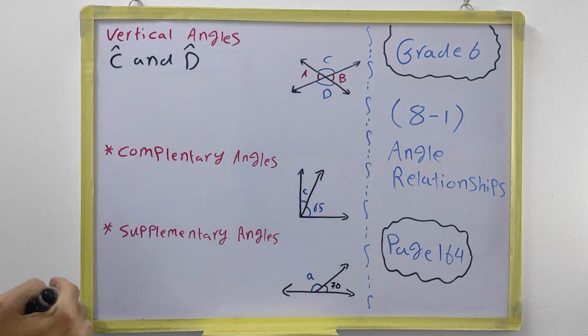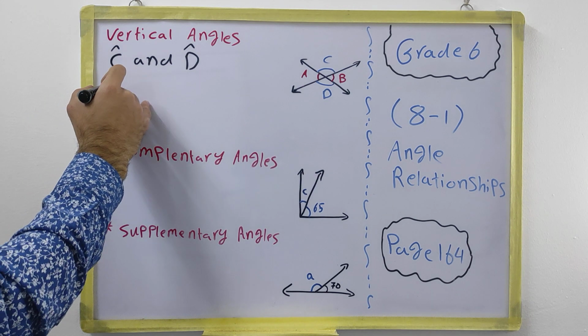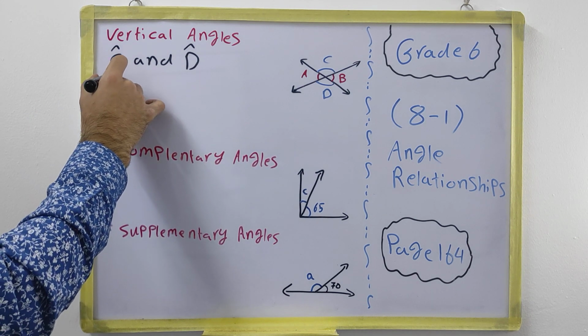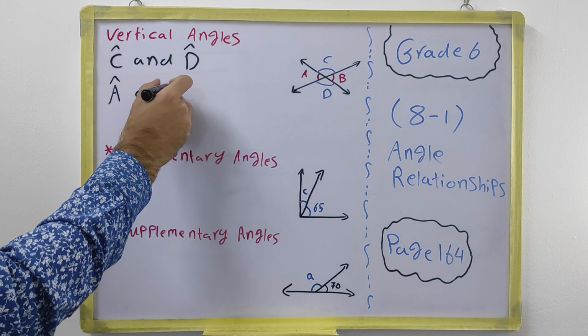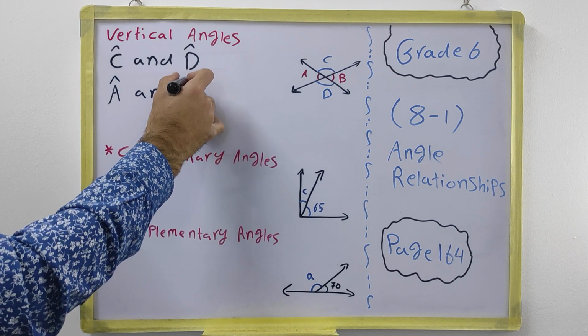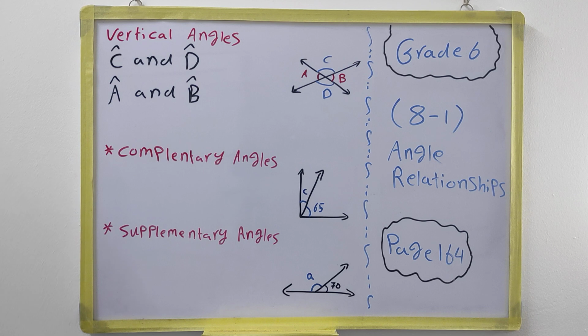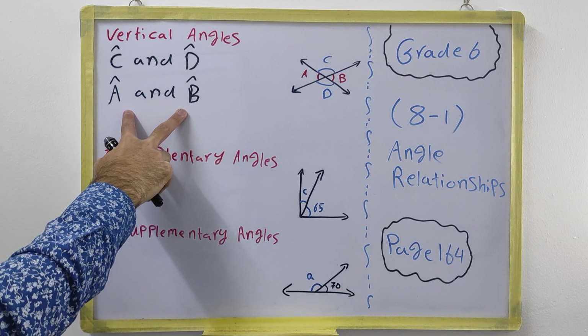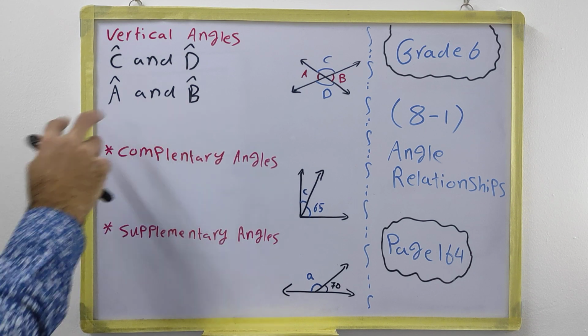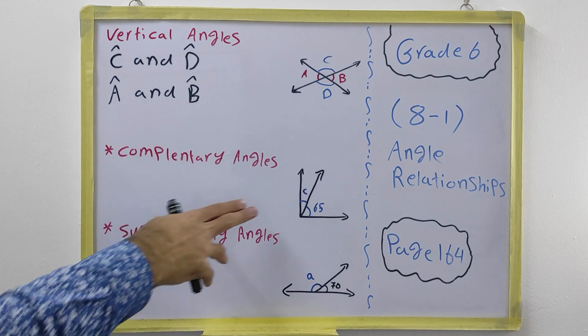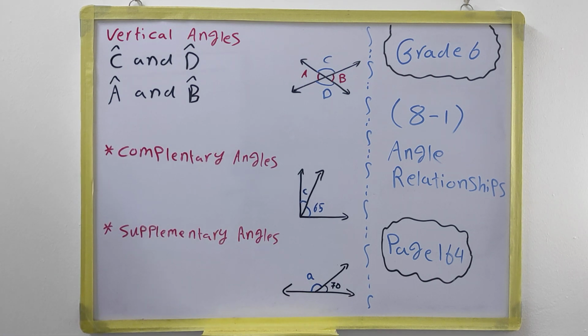A and B are looking to each other, they are opposite to each other, so angle A and angle B are also vertical angles. We have these two pairs of angles. That's about vertical angles.